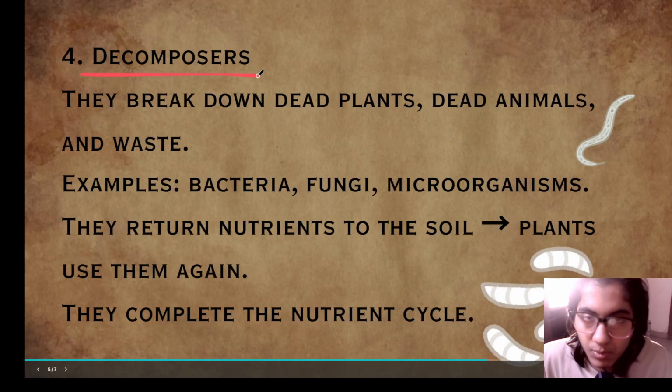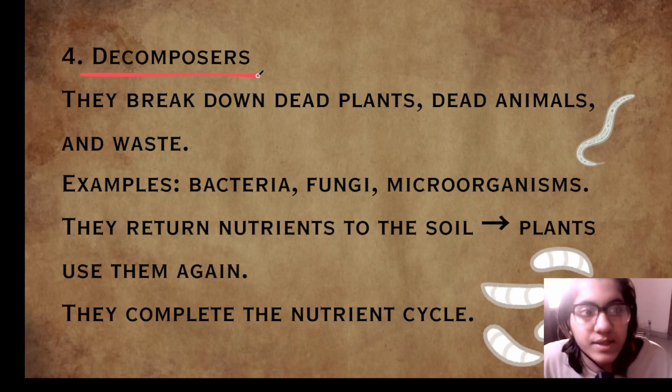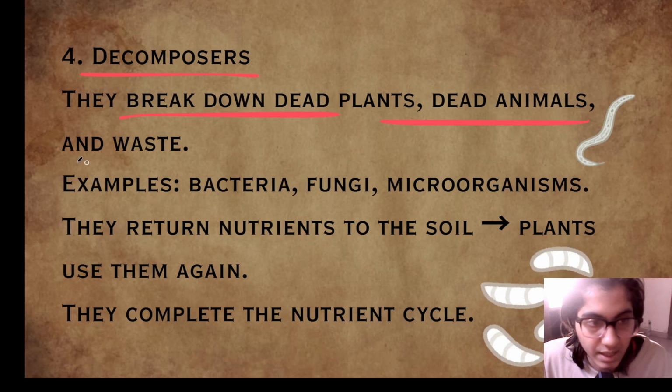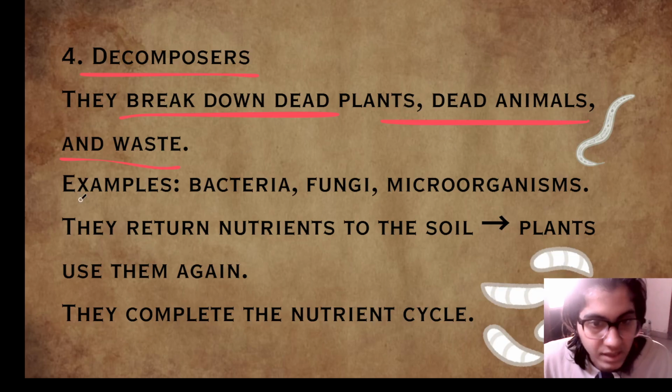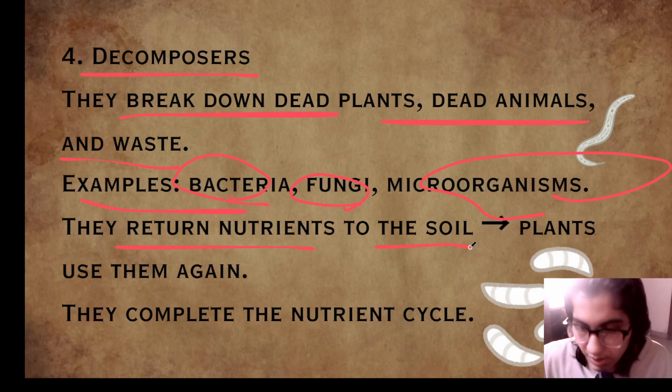And the last component of ecosystem is decomposers. They break down dead plants, animals, and waste. Examples: bacteria, fungi, and other microorganisms. They return nutrients to the soil. Plants use them again.